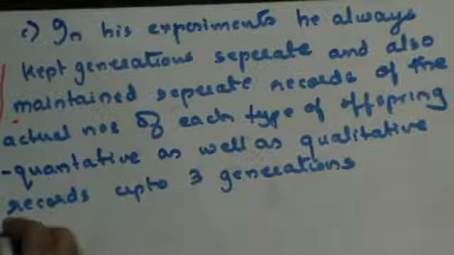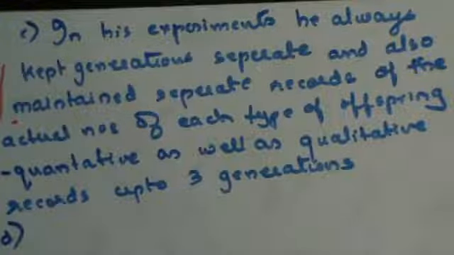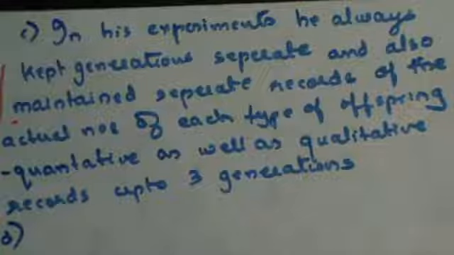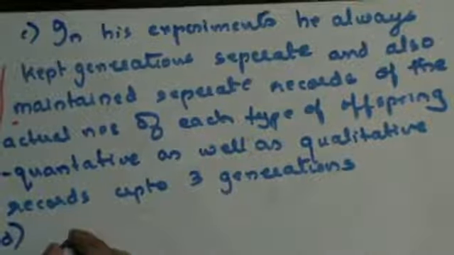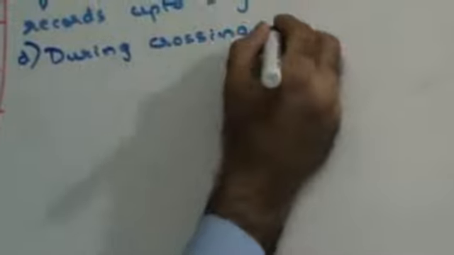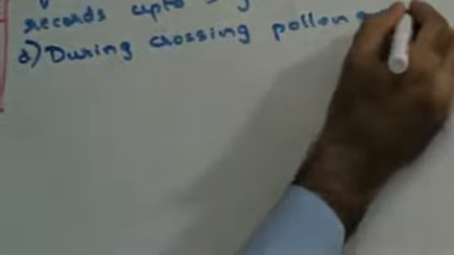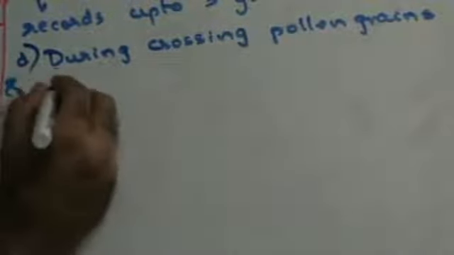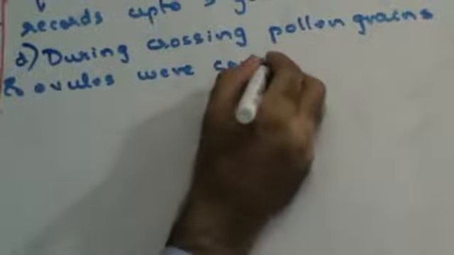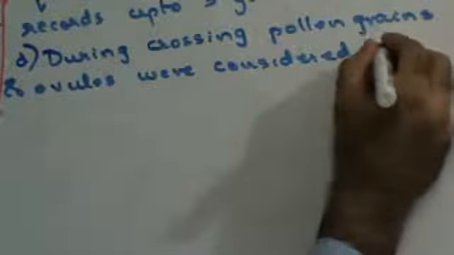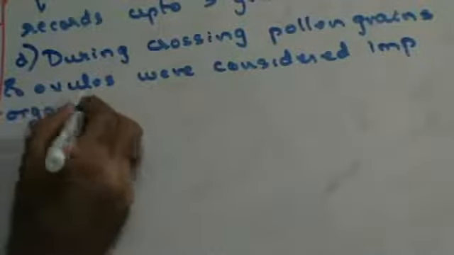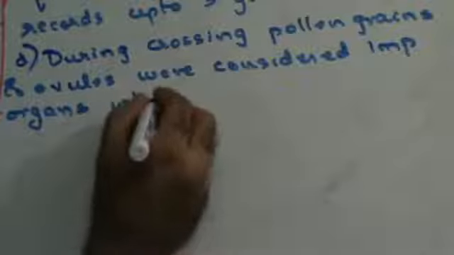He said that in order to transfer heredity from one generation to another generation, it was the pollen grains and the ovules that were considered important organs which form the bridge of heredity.